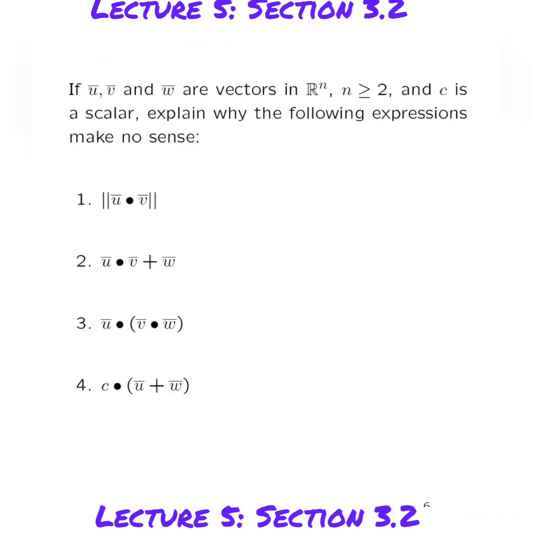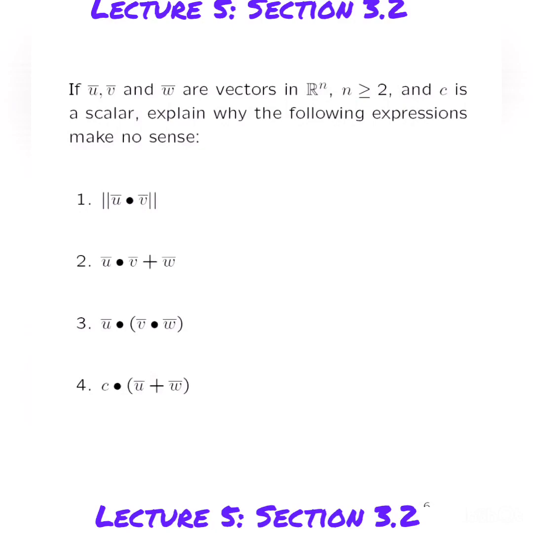Okay, so you're given 3 vectors and C is a scalar, and explain why those expressions make no sense. This is just to test the understanding difference between a dot product and vectors. The first one there doesn't make sense because you're taking a norm of a quantity that's not a vector. The second one, you're adding a dot product to a vector, so that doesn't make sense because you're adding a scalar to a vector.